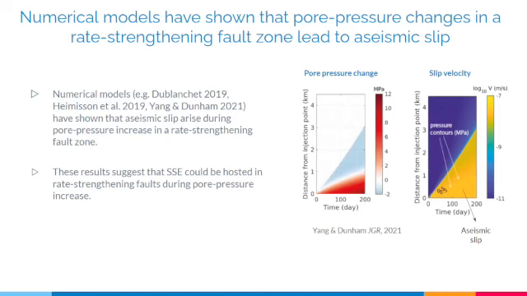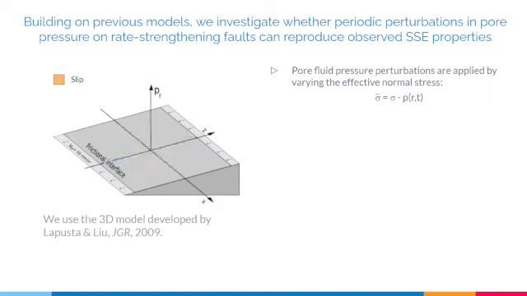So based on this, motivated by these previous models, we investigate a modeling approach in which periodic perturbations of pore fluid pressure are imposed on rate strengthening faults. To do that, we use the model developed by Lapusta and Liu 2009.